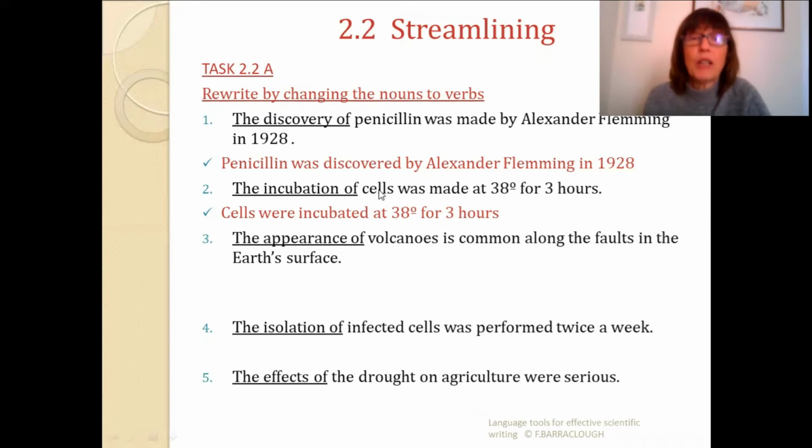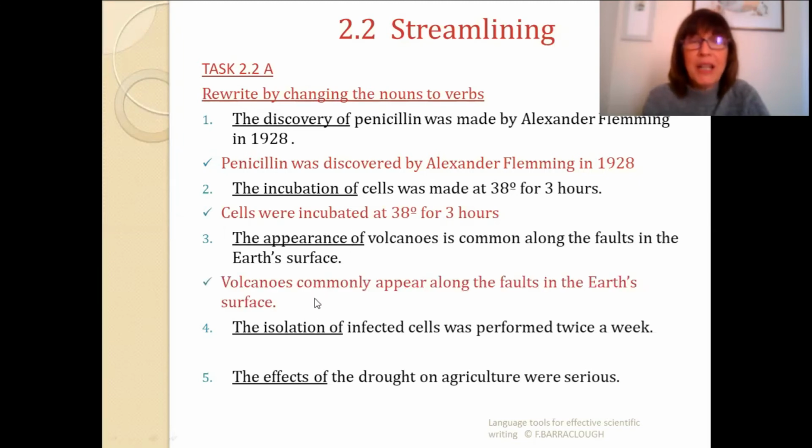The appearance of volcanoes is common along the faults in the Earth's surface. What did you do with this one? Volcanoes commonly appear along the faults in the Earth's surface. The fourth, the isolation of infected cells was performed twice a week.